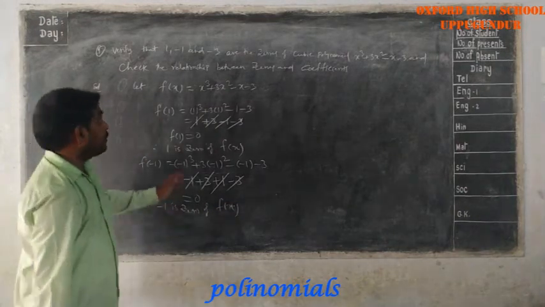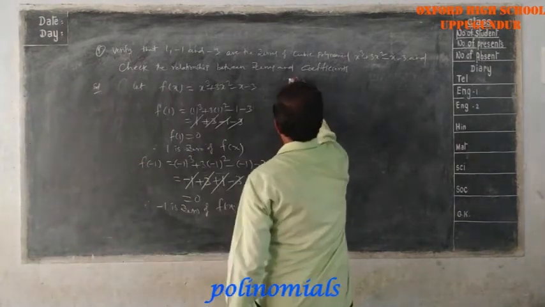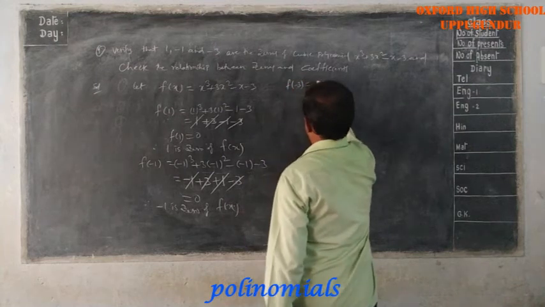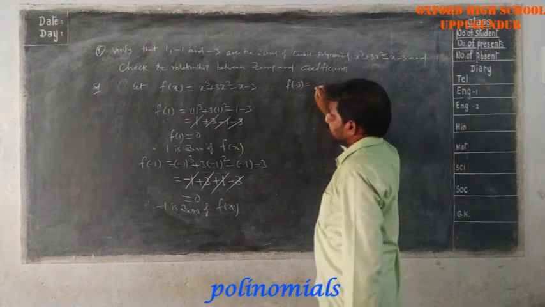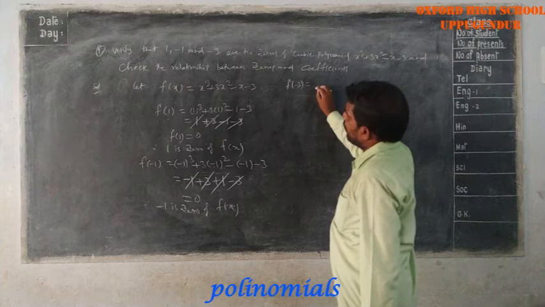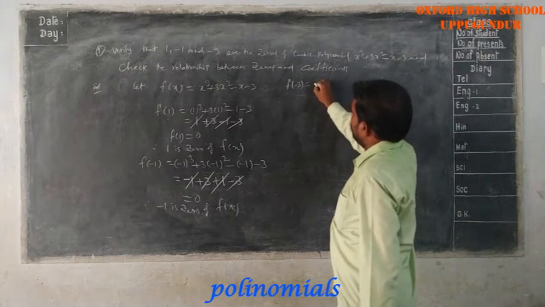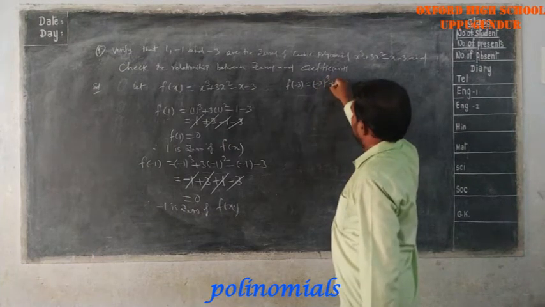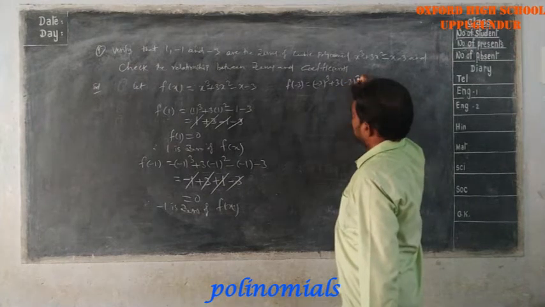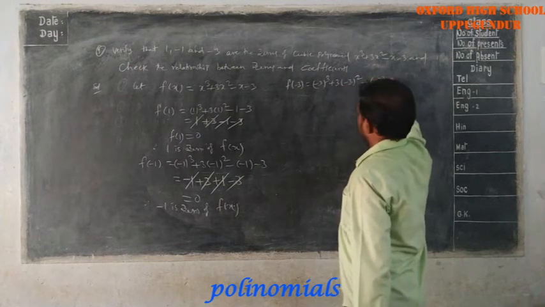Next you have to find f of minus 3. f of minus 3 equals minus 3 whole cube plus 3 into minus 3 whole square minus of minus 3 minus 3.